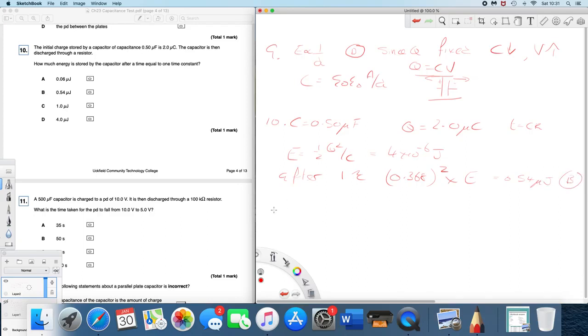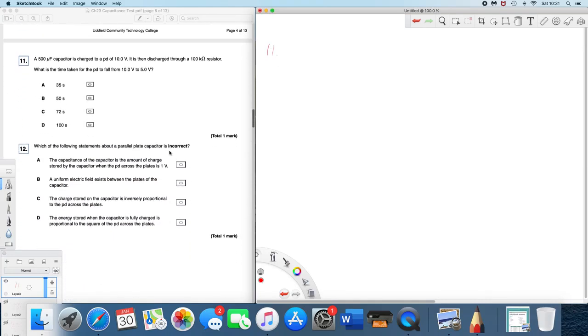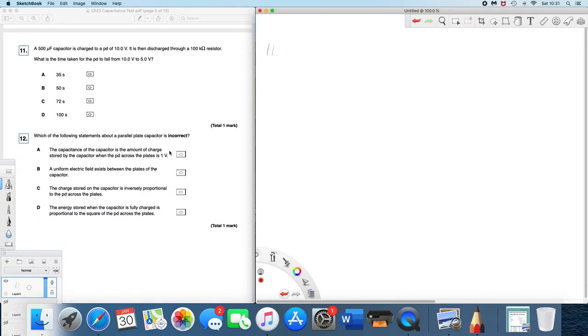Question 11. Says a 500 microfarad capacitor is charged to a PD of 10 volts. And then discharged through a 100k resistor. What is the time taken for the PD to fall from 10 to 5 volts?